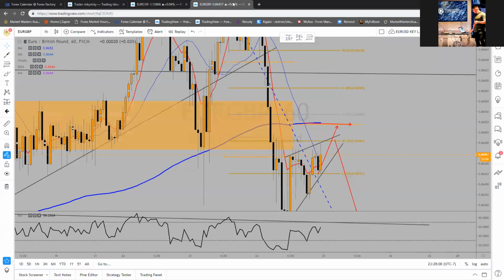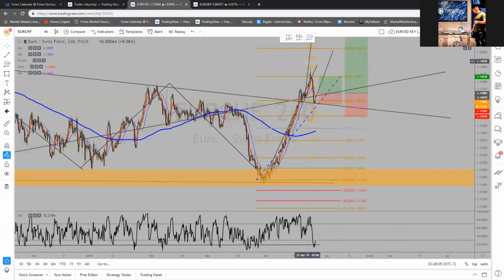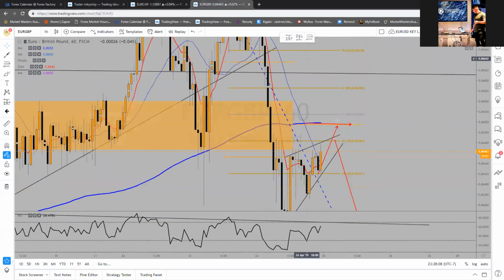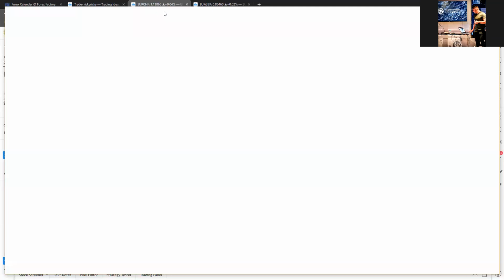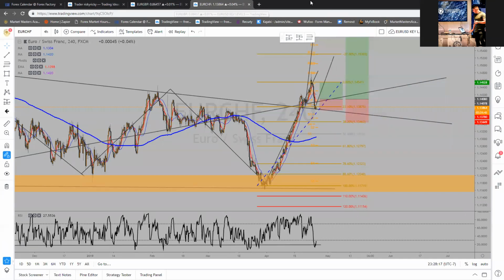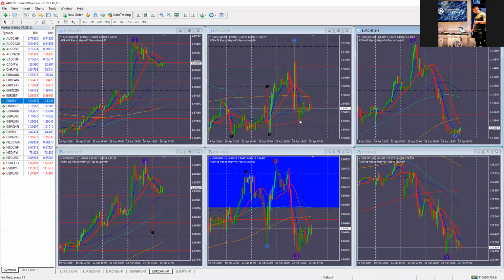So then I am looking to see a buy here, but then a sell on this side. So I'll have one of these on one screen, and the other on another screen, and then I'll have my main MT4 ready to place a trade.